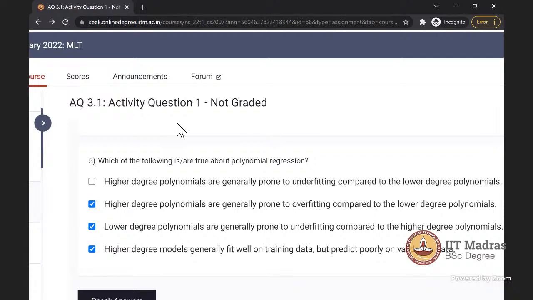My point is we do not know anything about the data. So how can we make a statement that generally higher degree polynomials won't fit validation data? For option number 4, I think the intention of that sentence is that you can go as high as possible, with a large range of degree.